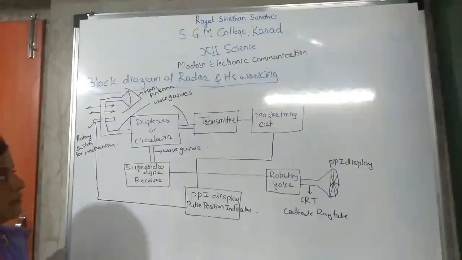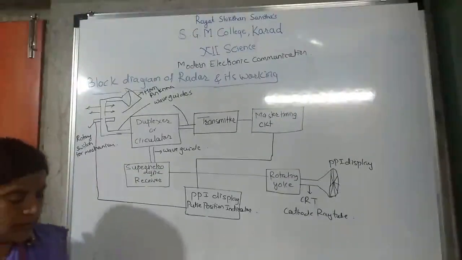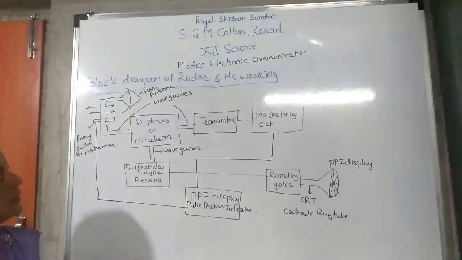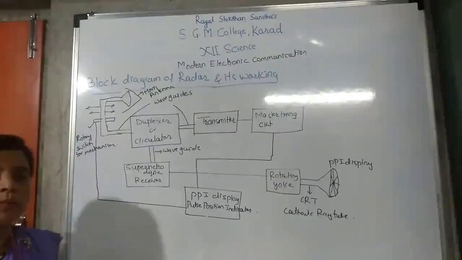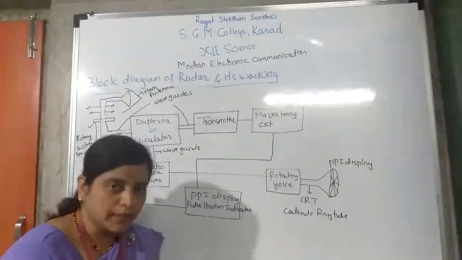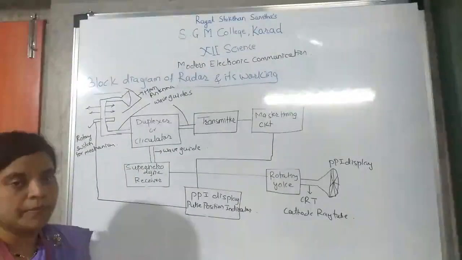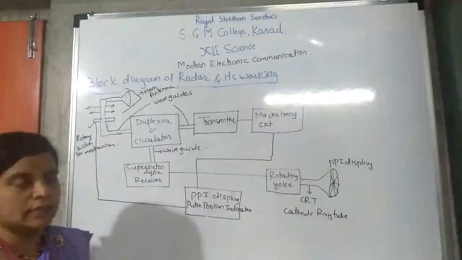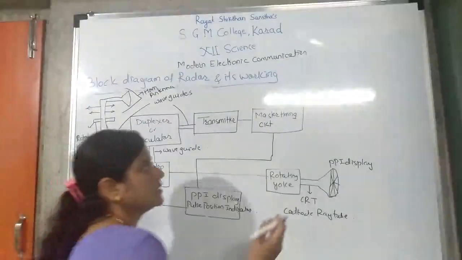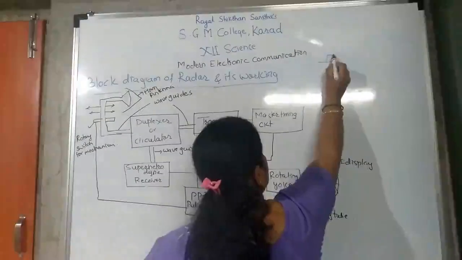We'll see one by one. See here what happened. Pulse radar, its name indicates that it works on the principle of pulse or burst. What is a pulse? It is a digital signal in the form of pulses, in on and off form.